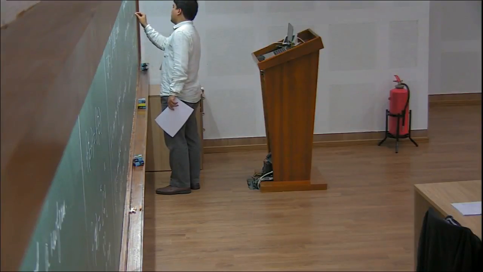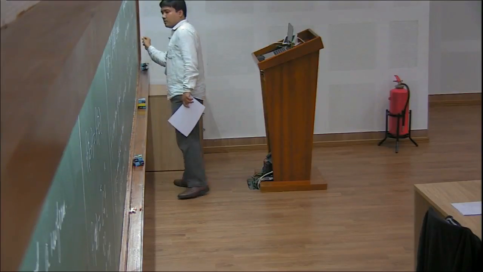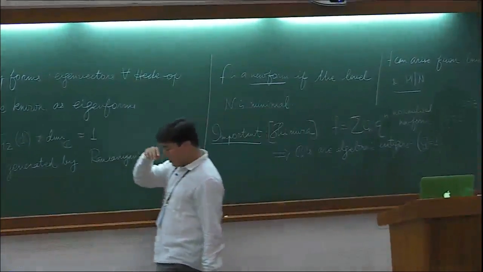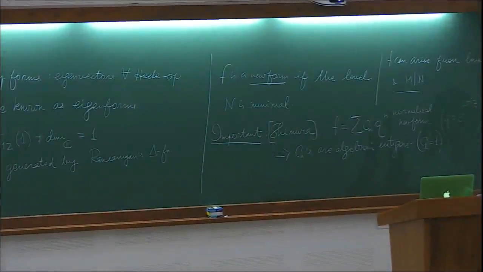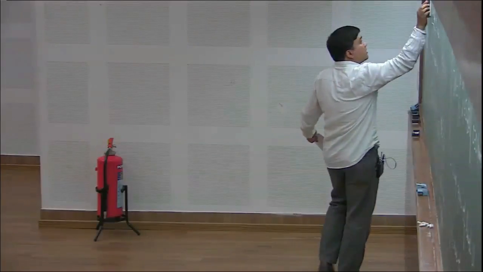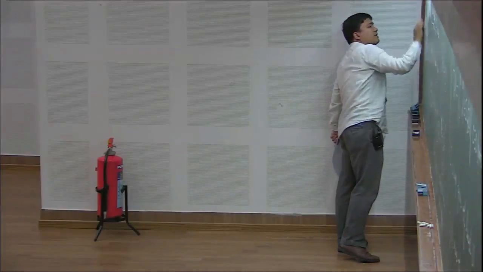A new form by definition is normalized. If you have any coefficient coming from Q, then you have to divide that out. Otherwise, you can't talk about it. All right?